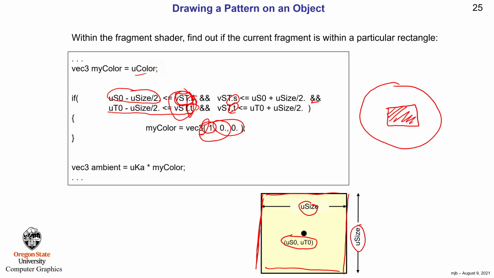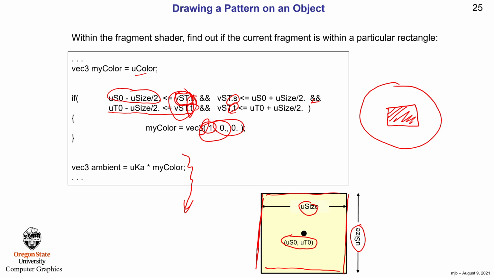Otherwise, use whatever the object color that was originally set was. Okay? And so this is what you would put in the top of your fragment shader, followed by all the per fragment lighting stuff we already saw.